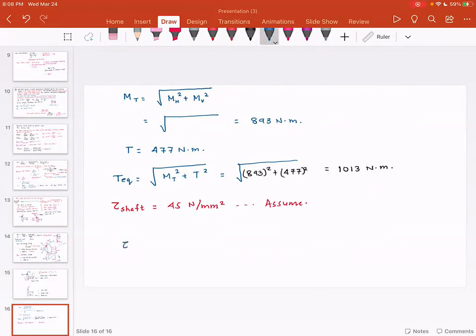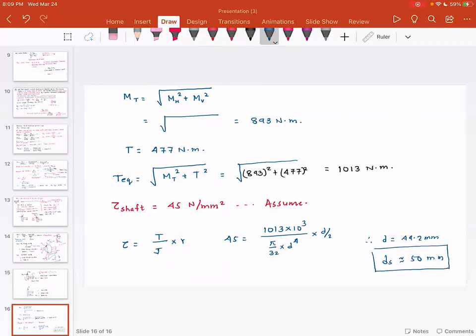We know tau is equal to T divided by J multiplied by R. So 45 is equal to 1013 times 10 to the power 3, divided by pi by 32 d to the power 4, times d by 2, since it's a solid shaft. The only unknown in this equation is d, which happens to be 49.2 millimeters. So the shaft diameter is 50 millimeters.